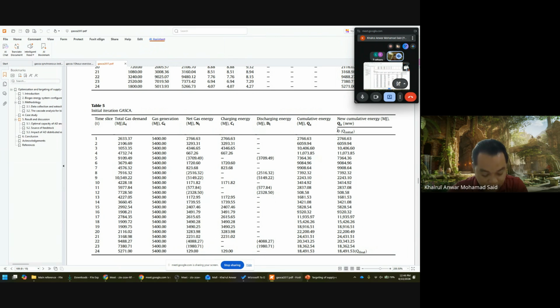So 0 plus CT, plus DT. So the value is the same.